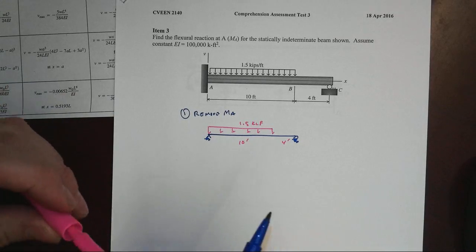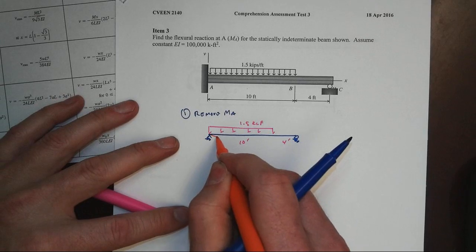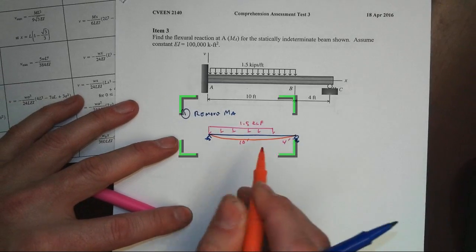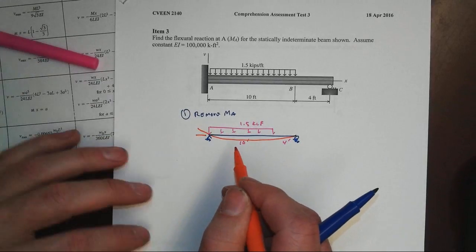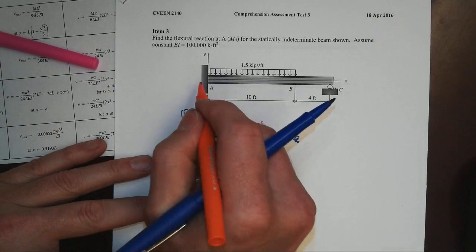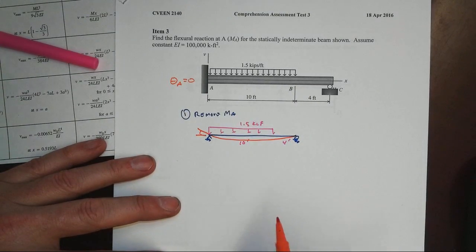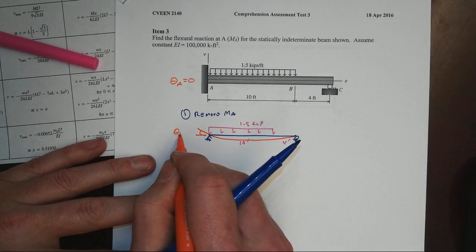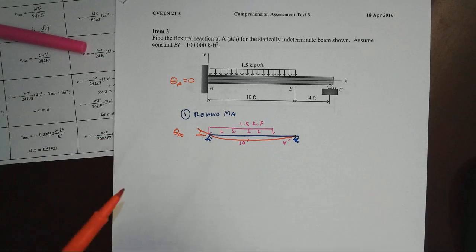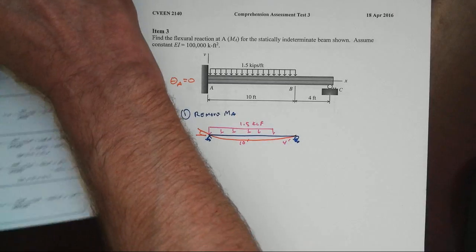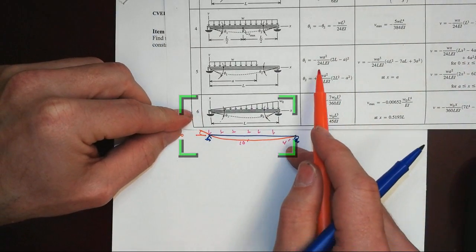And we can then let that thing deflect, and because we've removed M A, we have then allowed a rotation to happen, where in the original situation that rotation is supposed to be 0. Here it will not be 0 in the primary system. And we can go now and figure out what that is, given to us direct right here.